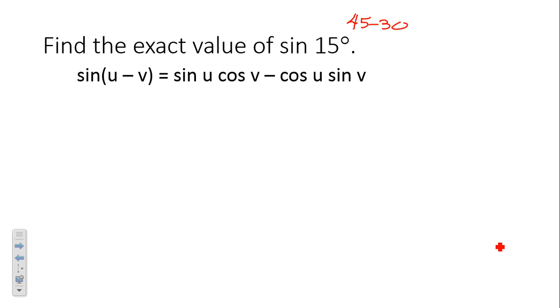That means that we're going to use the sine difference formula. Okay? So that means that we're taking the sine of 45 minus 30, and that will be the sine of the u, our first value, so 45, times the cosine of v, which is our second value, minus the cosine of the first value, times the sine of our second angle.